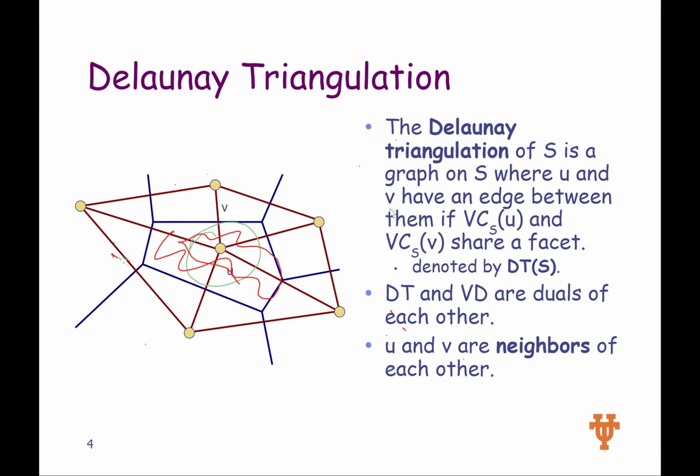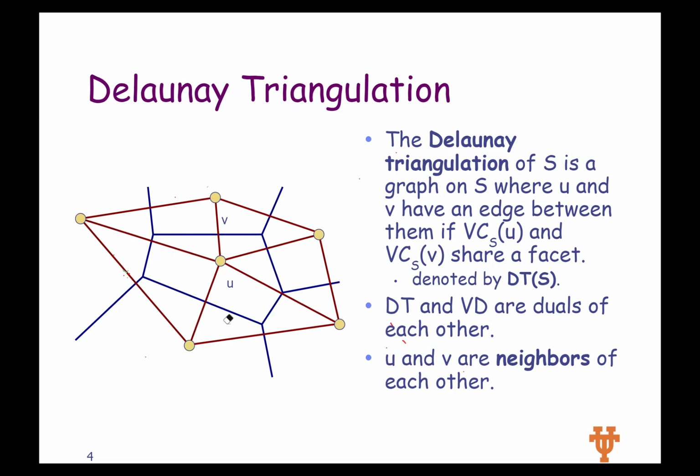And this is a Delaunay triangulation. The brown links are the Delaunay triangulation. So the Delaunay triangulation is that if two nodes share a Voronoi edge, that means their Voronoi cells are neighboring each other. We connect those two nodes. So the Delaunay triangulation is a connection of the original set of nodes.